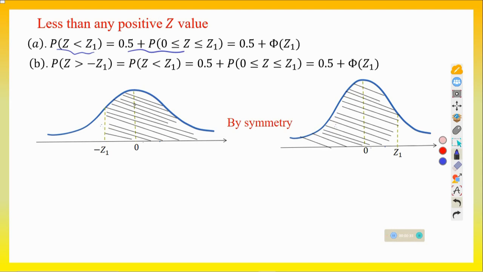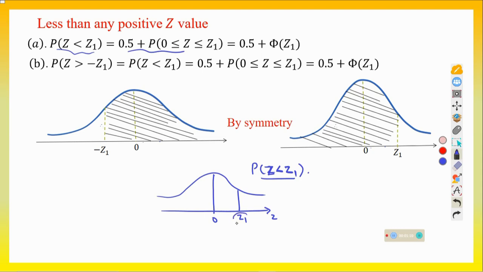If you go back to your curve, for example, if we have our curve like that, this is where we have our 0, and this is where we have our z1. We need the probability of z less than z1. So we are considering the region where z is less than z1. Where do we have z less than this value?